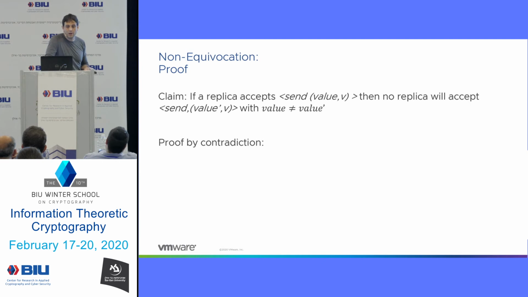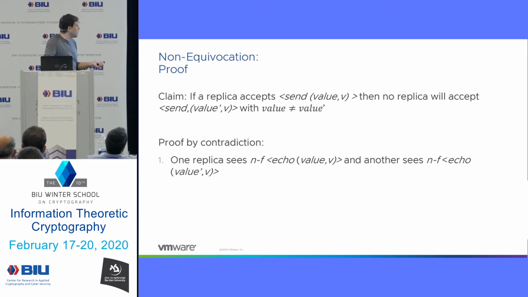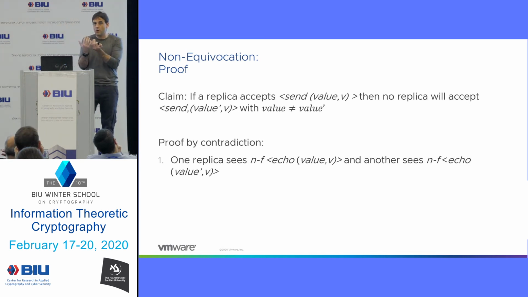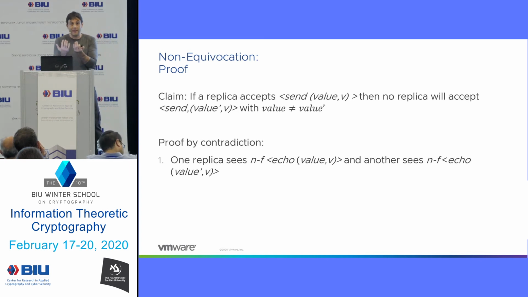Let's just prove this by simple contradiction. So let's assume that you see n minus f echoes of value v, and maybe I see n minus f other echoes of value v prime. Now we're going to again use this fact that any two n minus f sets intersect by at least f+1.